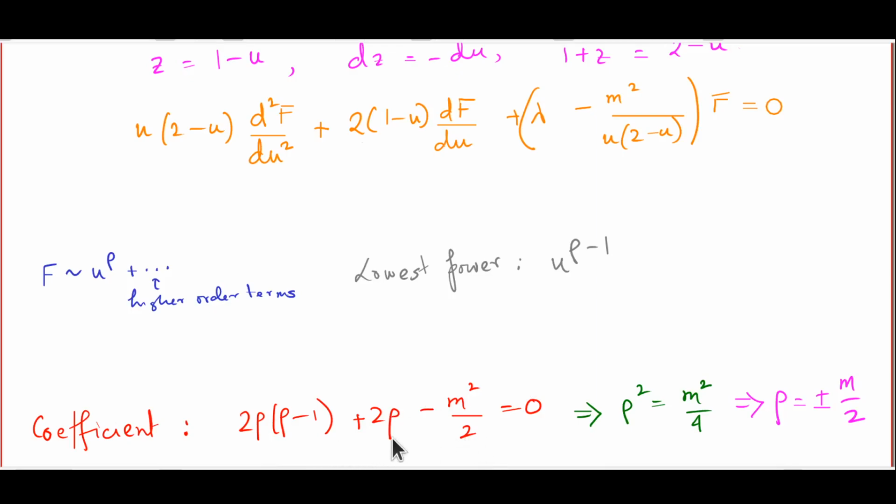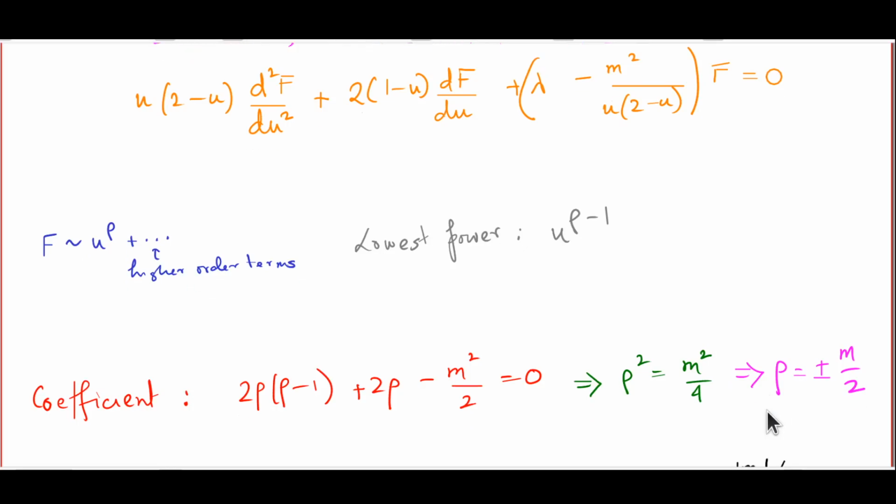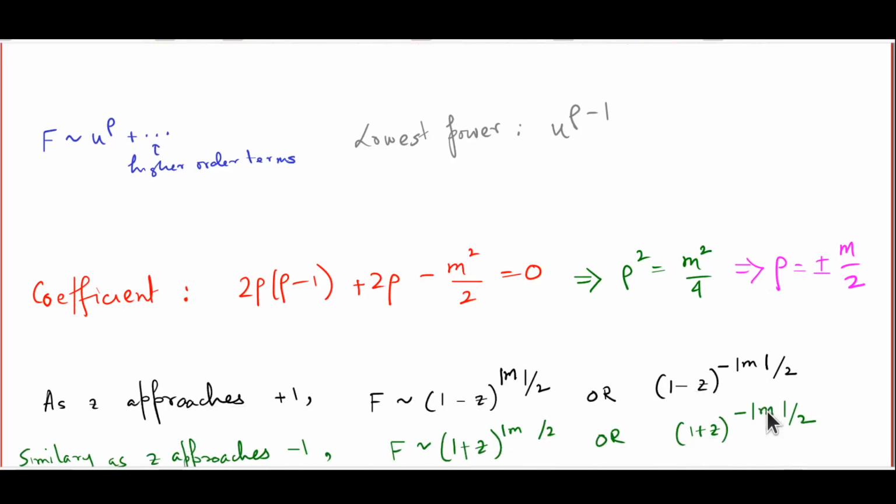Now notice that if you equate this to 0 ultimately, what you are going to get is rho square must be equal to m square by 4. That means rho has to be plus minus m by 2. So now you see that the behavior of the function f very close to z equal to 1 is dominated by either 1 minus z to the power mod m by 2 or 1 minus z to the power minus mod m by 2.